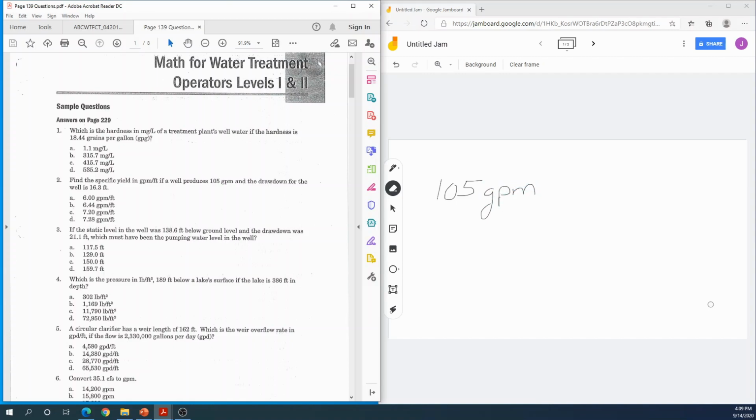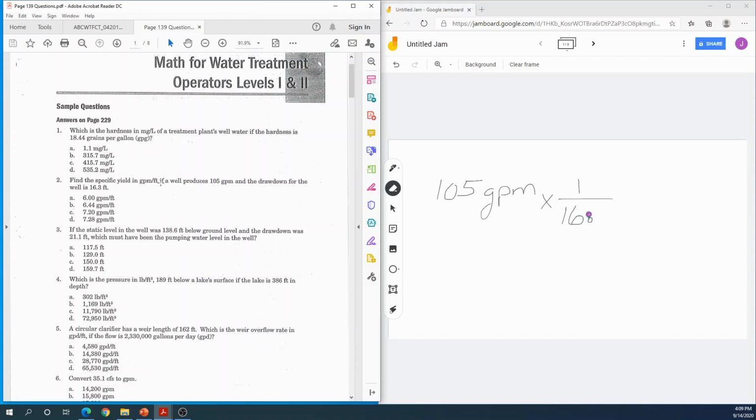It produces 105 gallons per minute, and the drawdown for the well is 16.3 feet. If we look at our answers over here, all the answers are in gallons per minute per foot. So we know that's going to have to be the yield we're looking for. So we have 105 gallons per minute, and we know that our drawdown was 16.3 feet.